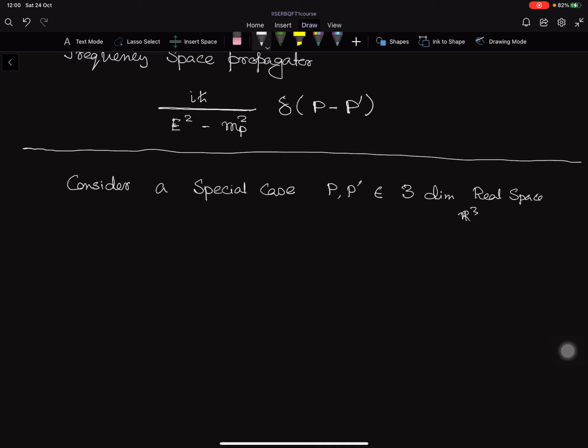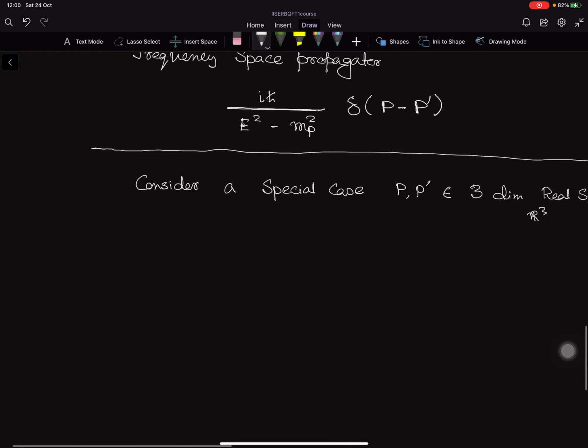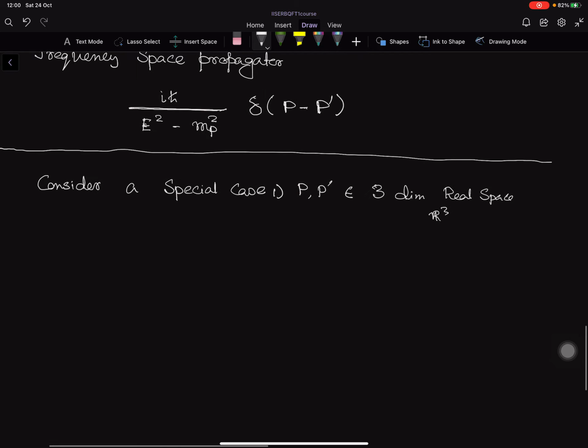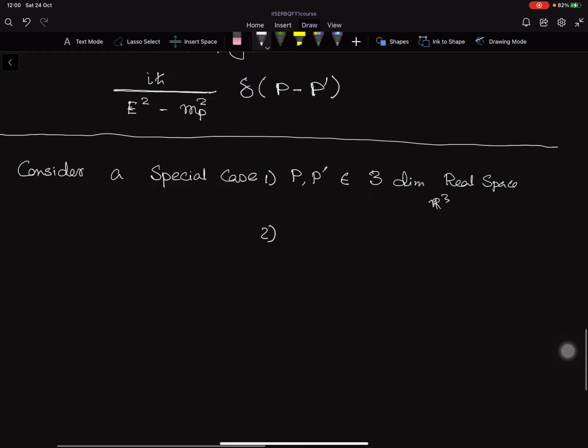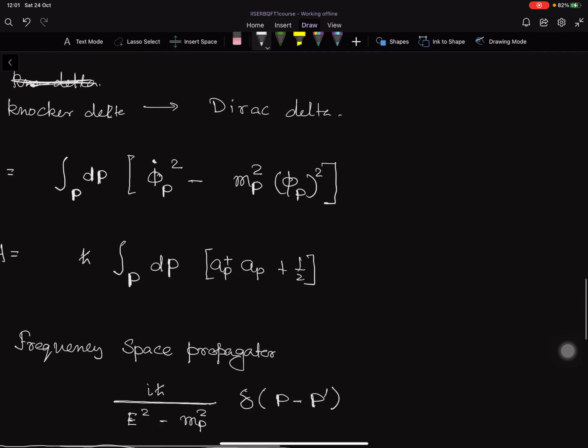Okay, if that's the case, so this is one condition for the special case, and the second condition is that m_p squared is m squared plus p squared. So these p are three-dimensional vectors. So if we go to this special case, then what happens?